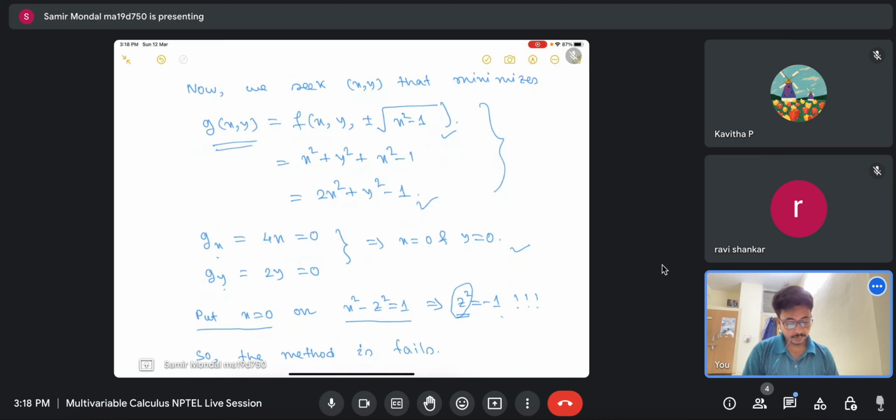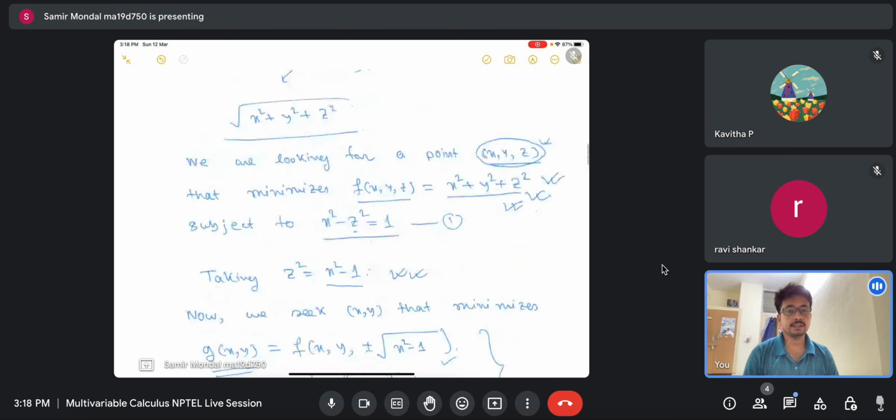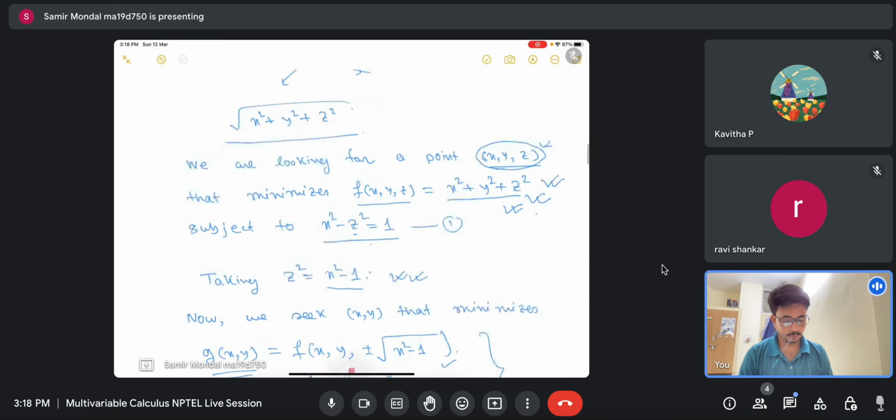So when we eliminated the variable z, our method is not working. We have to go for another elimination. There are two possibilities: one is x, one is z. At first we tried to eliminate the variable z, but our process is not working; we are getting a contradiction.